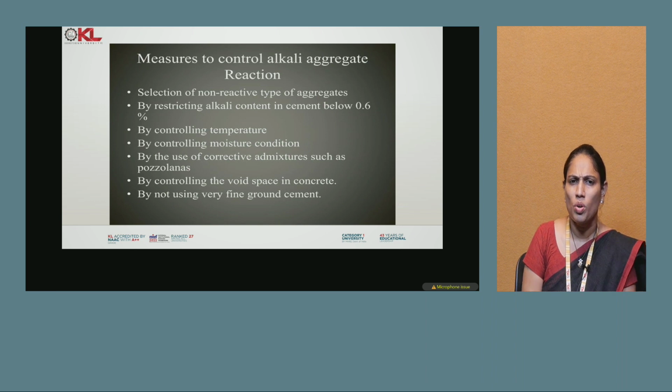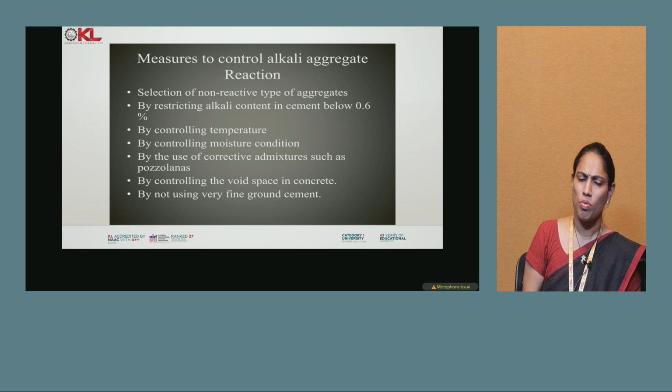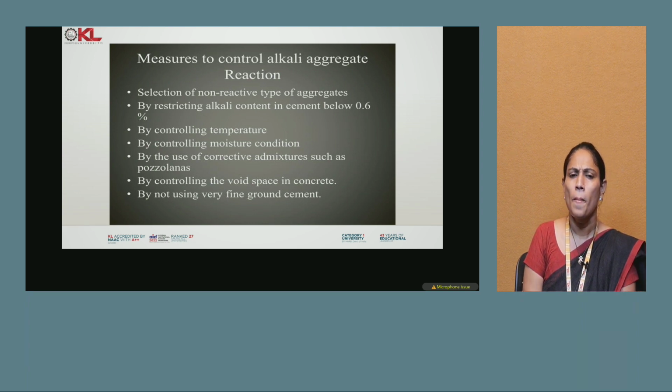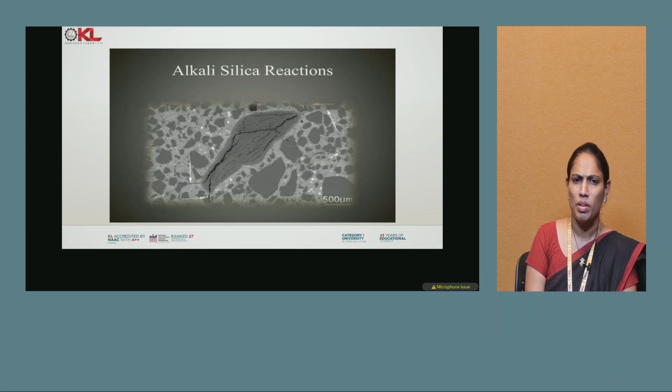Measures to control alkali aggregate reactions: selection of non-reactive type of aggregate, restricting alkali content of cement below 0.6%, controlling temperature, controlling moisture content, corrective admixtures such as pozzolanas, and avoiding voids in concrete by not using very finely ground cement. So this is the alkali silica reaction. If you see, these are the cracks that can form when concrete interacts with certain alkaline substances.